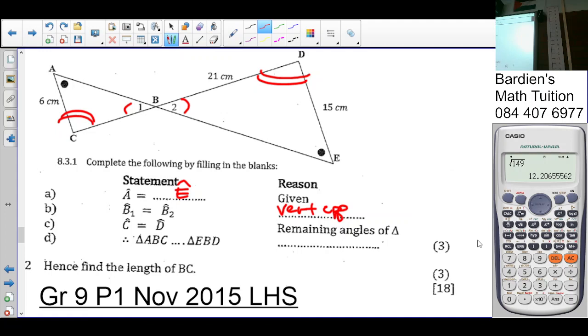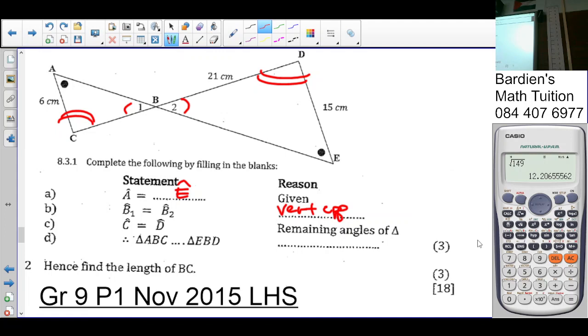Then, therefore, triangle ABC is similar. You see, when they ask you to prove similarity, you only prove that the angles are equal. There are 4 cases for congruency: side side side, side angle side, angle angle side, RHS. Those are the 4 cases of congruency. We must at least use a side.